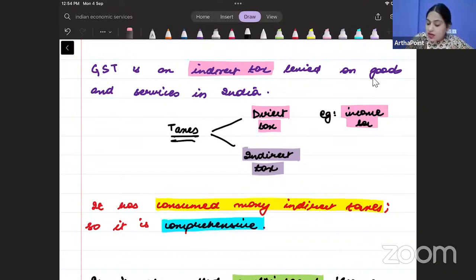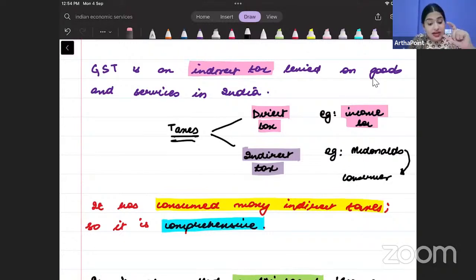मतलब गवर्नमेंट ने टैक्स चार्ज किया मैकडॉनल्ड से ऑन इट्स बर्गर. मैकडॉनल्ड्स ने ये टैक्स कंज्यूमर पे ट्रांसफर कर दिया. एंड व्हेन यू ईट दैट बर्गर, जब आप वो बर्गर खाते हो जो 25 रुपीज का है, यू आर पेइंग 28 ऑन इट. व्हाई? Because you are paying tax on it. Consumer is paying the tax, right, to McDonald's.